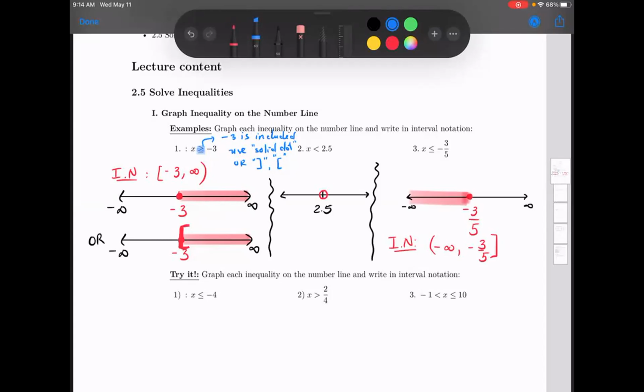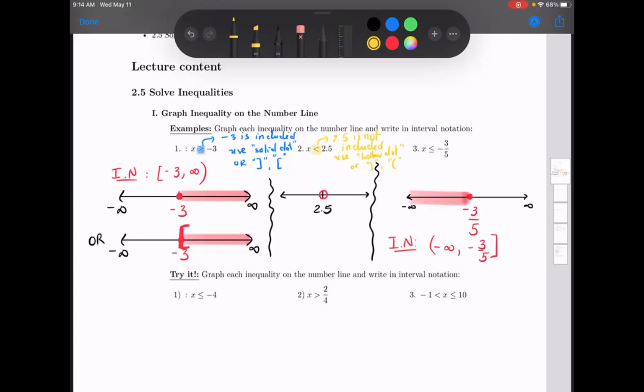So here, let me put a little, maybe I'll use yellow. 2.5 is not included. Well, we're going to use a hollow dot or parenthesis. No, parenthesis, as you can see.